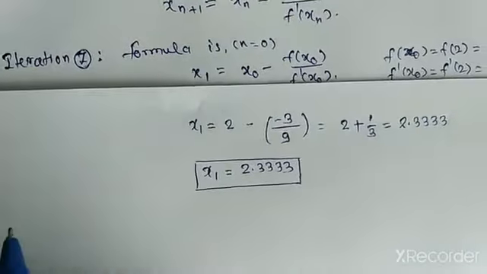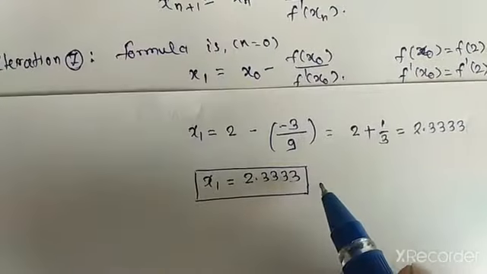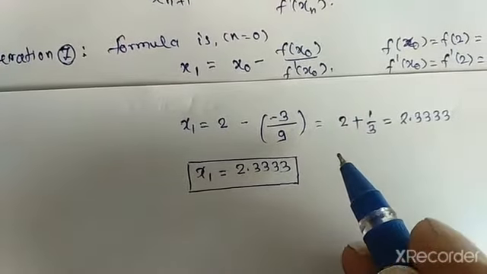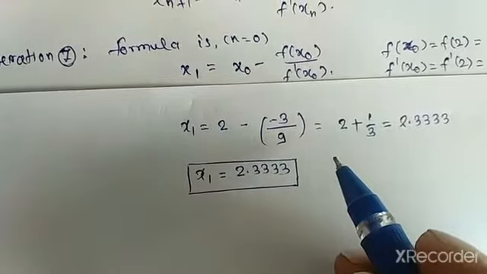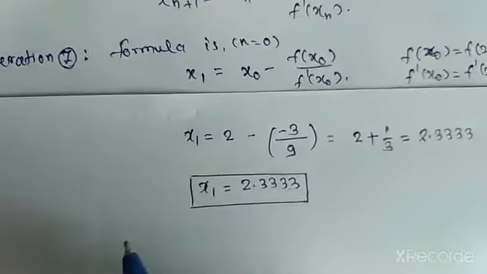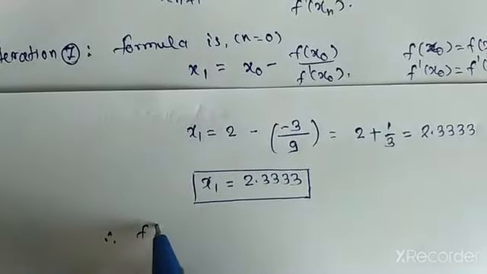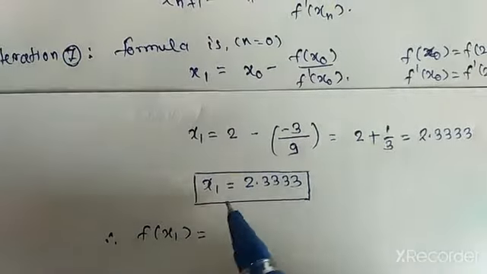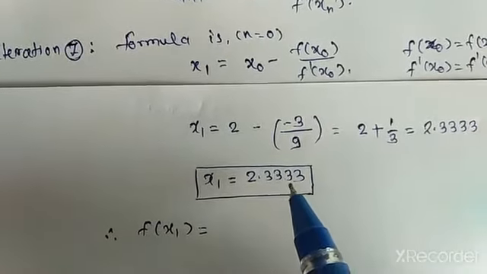Okay. Now iteration 2. So that was the first required iteration. At f of x1 we have to check whether it is 0 or nearest to 0 or not.